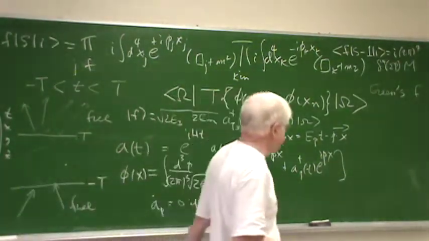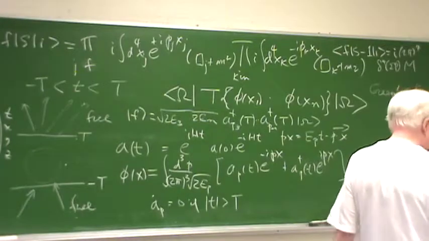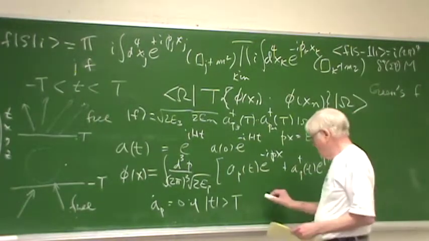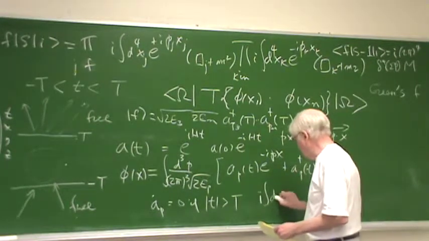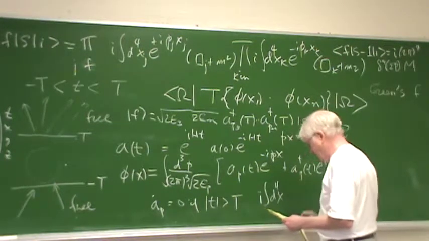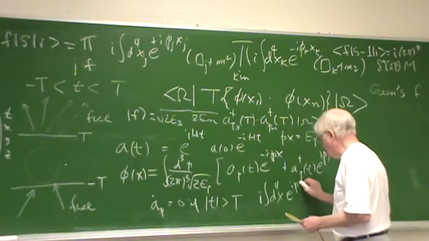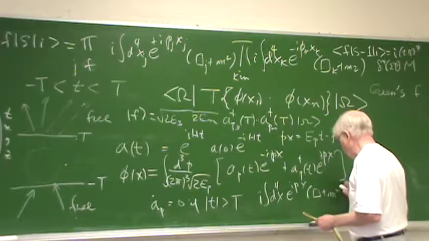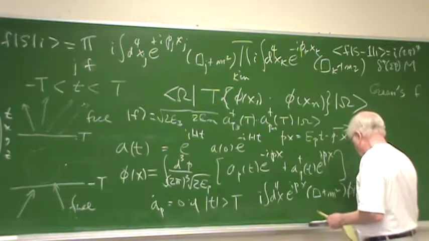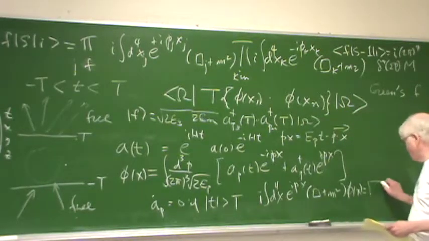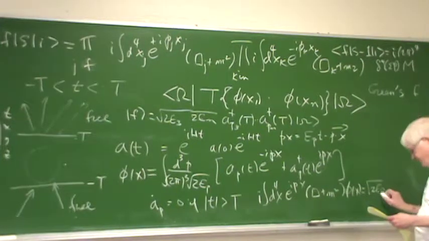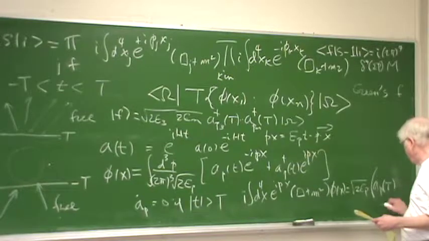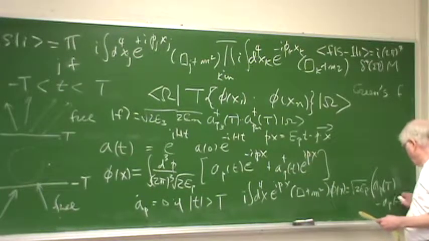So the key identity that we want to derive, maybe there's room to write it down here. It's i integral d^4x e^{ipx} (box plus m squared) phi of x equals square root of 2Ep times a_p(big T) minus a_p(minus big T).